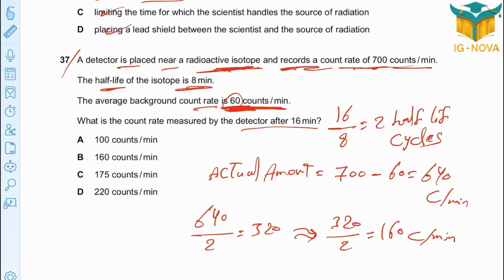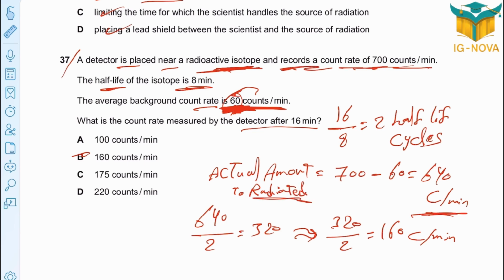So in the beginning, I'd go for B. But as you subtracted this 60 from the beginning, you have to add it again, because it's a fixed value. This fixed value doesn't change. You subtract it from the beginning to find 640, which is the actual amount to be radiated.